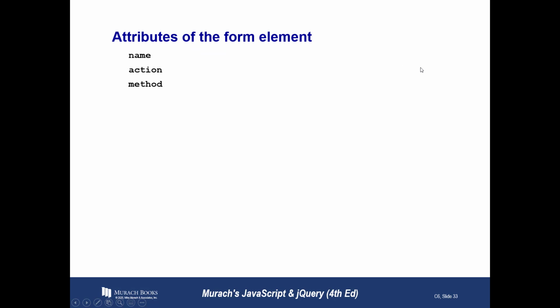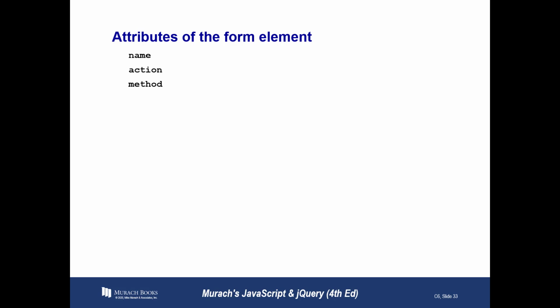As far as these attributes here on the form element, name is typically something you're going to use in accordance with server-side programming. Action is what you want to have happen when you submit the form. And method is going to be either get or post.